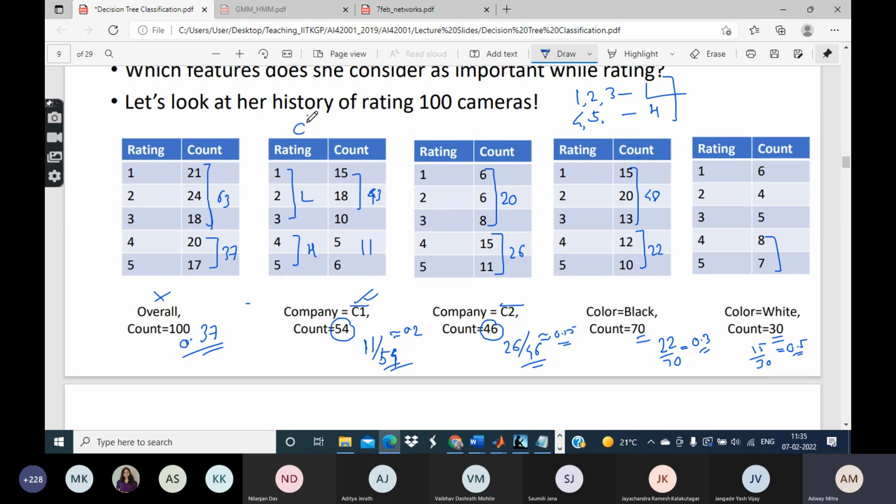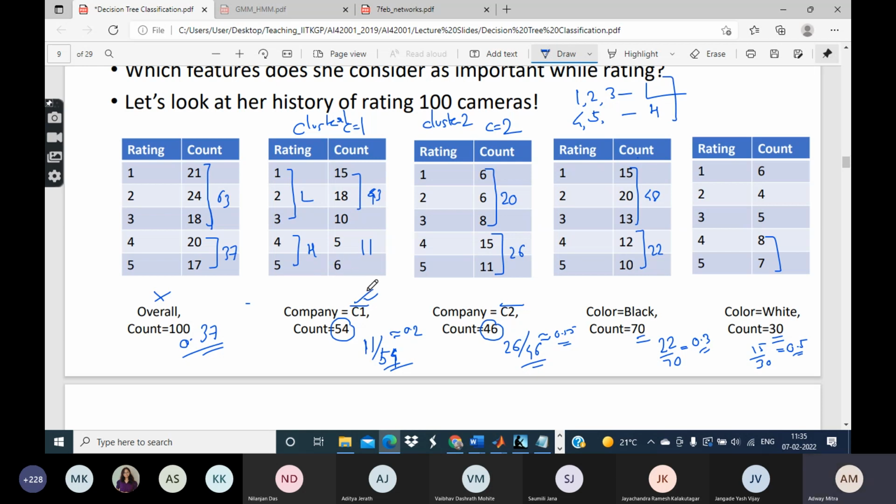One is cluster 1, for which C equals 1, and the other is cluster 2, for which C equals 2. Now the question is, as a result of this kind of clustering, did her rating behavior change?